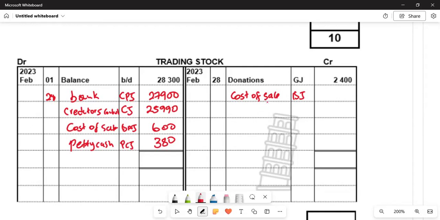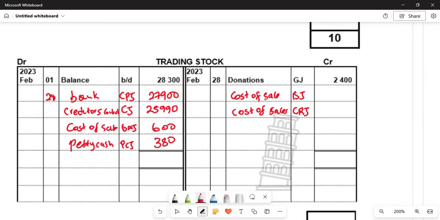Also, now we are going to have cost of sales again. This one was a cost of sales that was sold on credit. This is a cost of sales that now is sold on cash. That is cash received journal, CRJ.